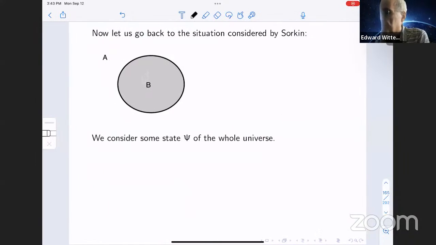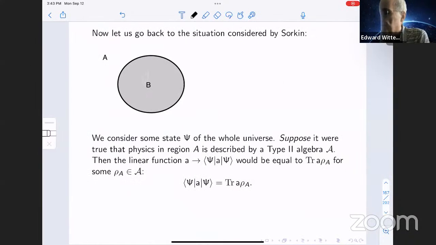So in particular, this kind of linear function has that property. And I've just written rho A for what I called a prime previously.